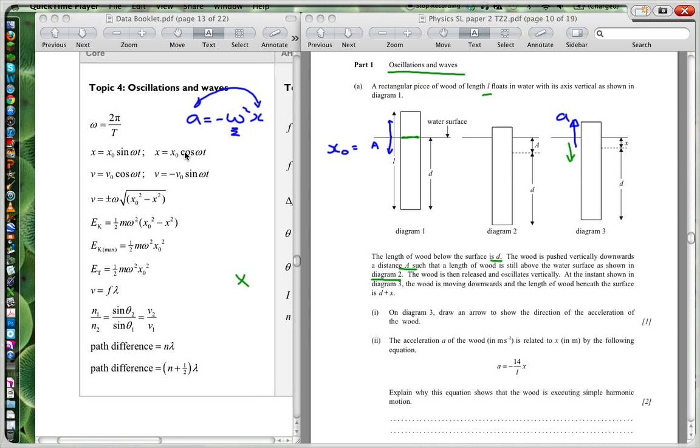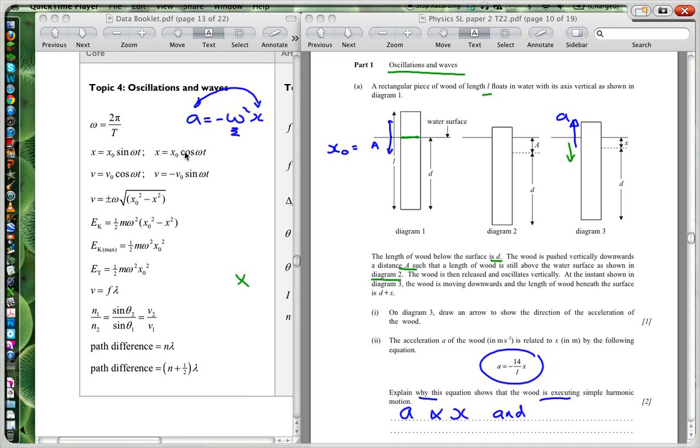Then it says the acceleration a of the wood in meters per second squared is related to x by the following formula. Explain why this equation shows that the wood is executing simple harmonic motion. Well, it's because a is proportional to x, as we can see there. This 14 over L is a constant, so we have a is equal to kx, so it's proportional to x.